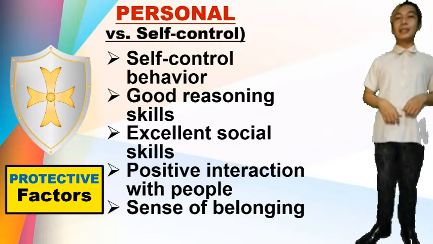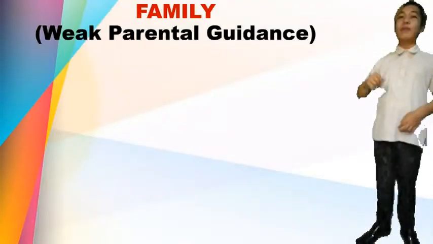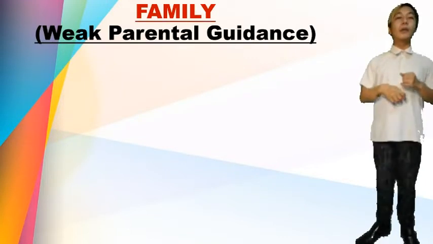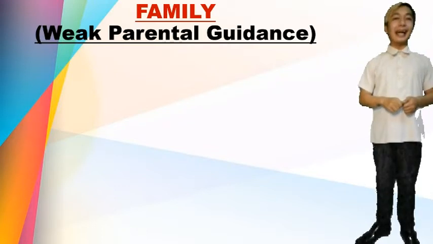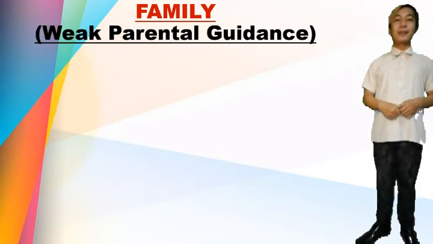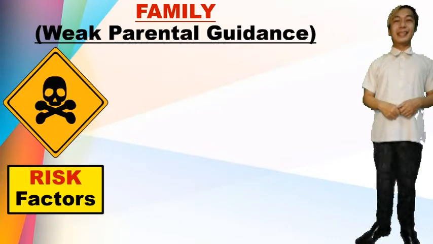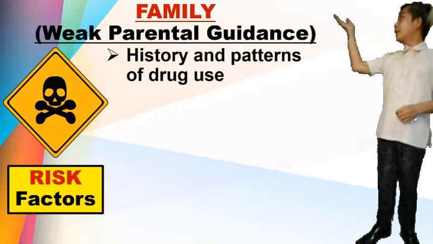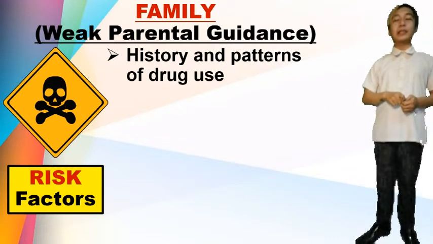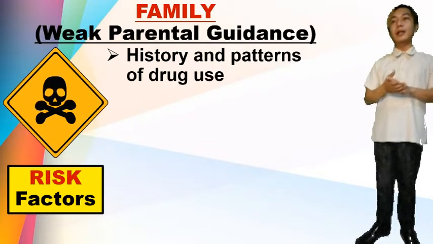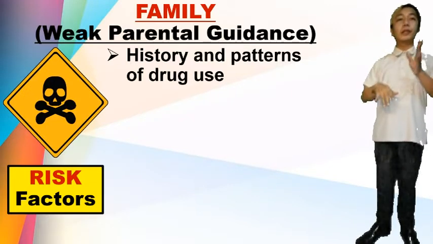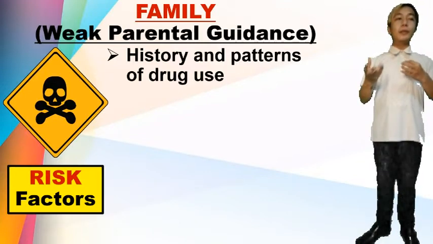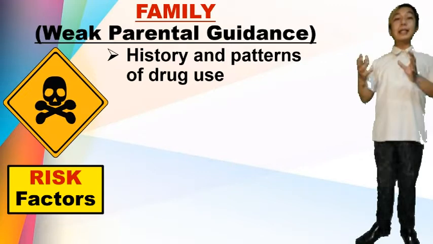Okay, so let us proceed to the next one, which is the family. How do you think the family became a risk factor when it comes to the weak parental guidance? Okay, correct. So, number one, if your family has a history and patterns of drug use, for example, one of the family members, your brother or your parents, are taking these drugs, so you also think that this is right.